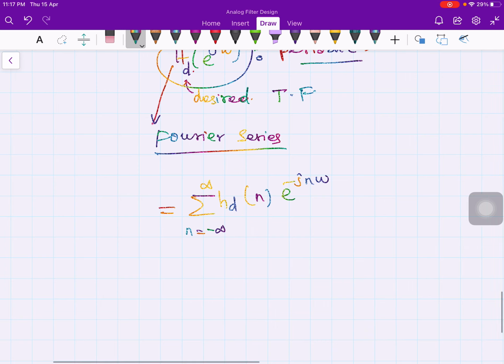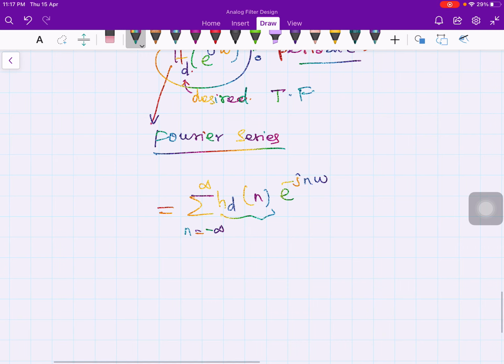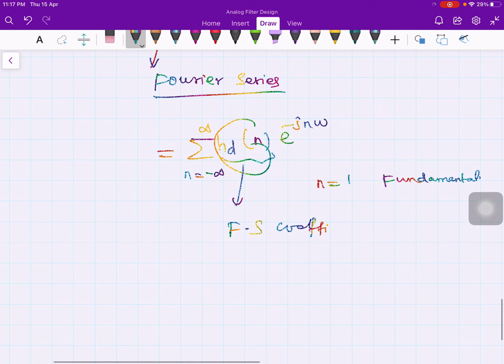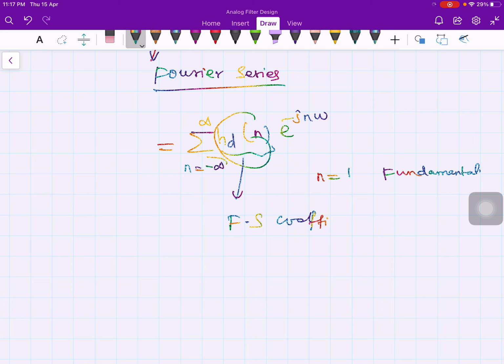So there are some coefficients here, and if you substitute n equal to 1, that gives the fundamental component. These are called the Fourier series coefficients, and in general you have to go from minus infinity to plus infinity.